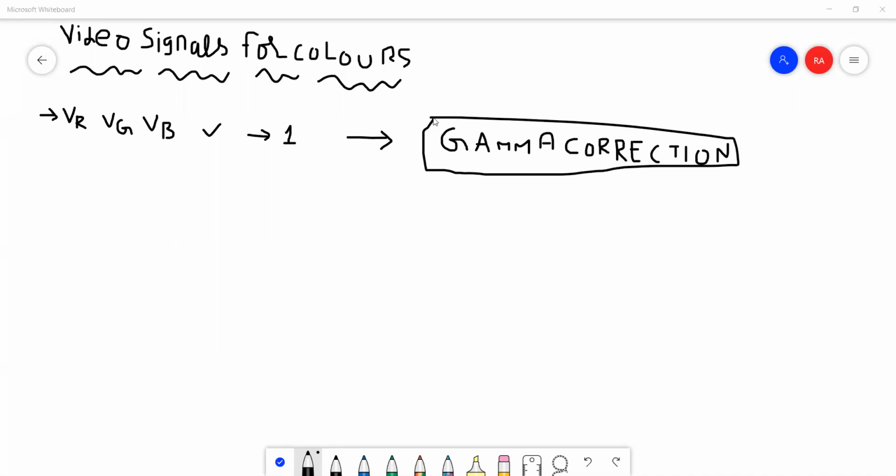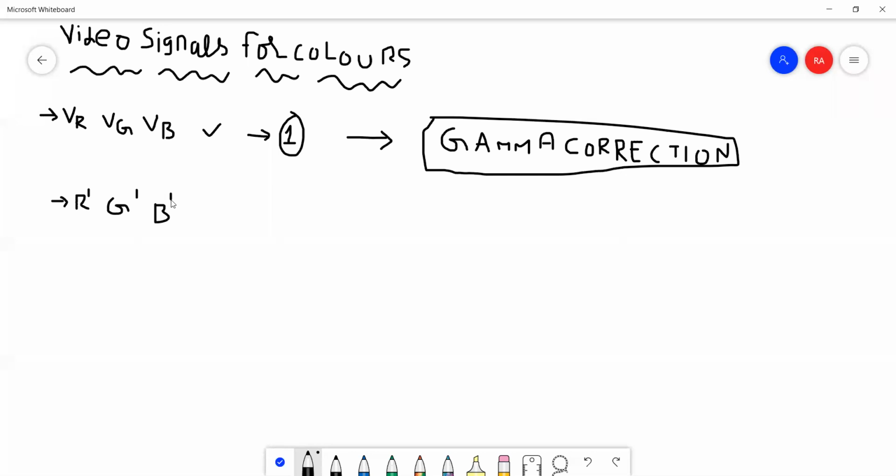This phenomenon, in our topic today's discussion, we simply call gamma correction. The corresponding camera outputs are referred to as R dash, G dash, B dash.